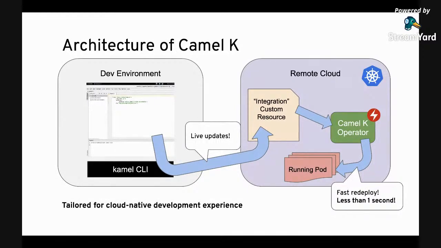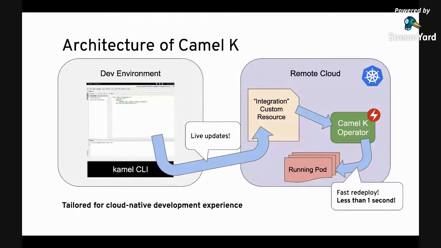So what happens is that Kubernetes has a way of extending itself. They are called custom resource definitions, CRD. So what we've done with Camel K is to create an Integration custom resource. This is essentially Camel. Then these custom resources can be observed and managed by an operator.